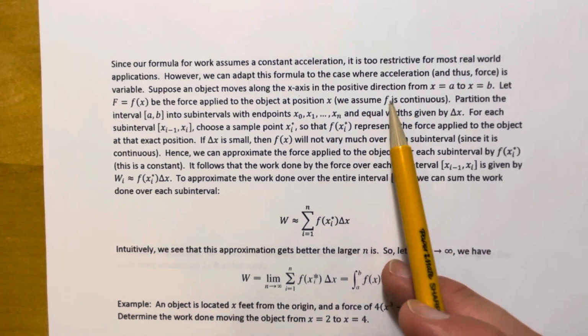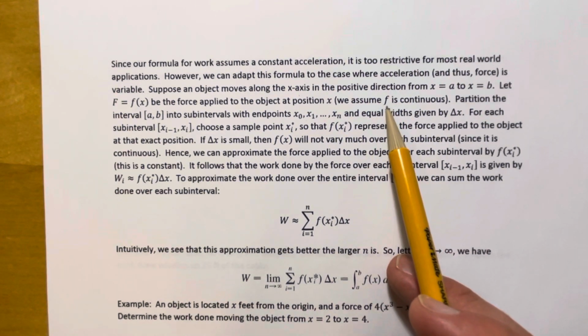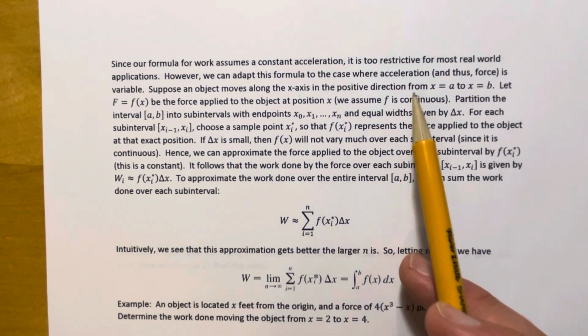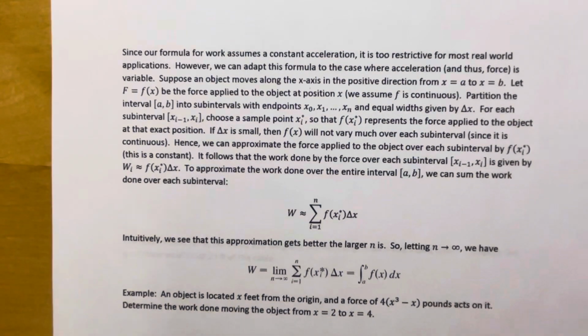It's important to note here that we're going to be assuming that this is a continuous function. If it's not continuous, then we won't get to do what we're about to do here. But in practice, that's generally going to be the case anyways. Forces, for the most part, can be represented by continuous functions. So that's not a super unrealistic assumption to be making.